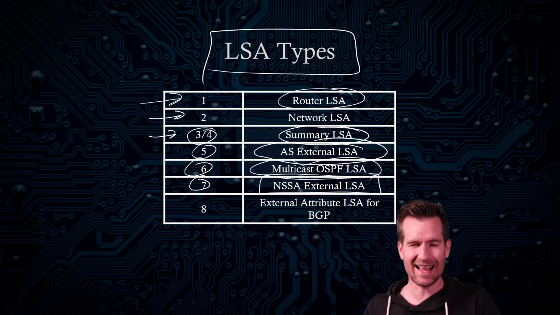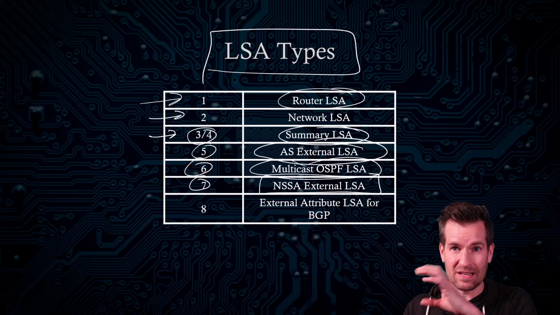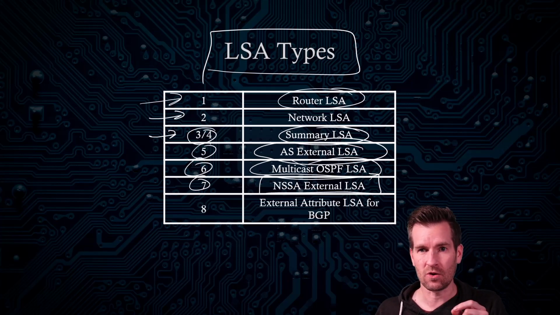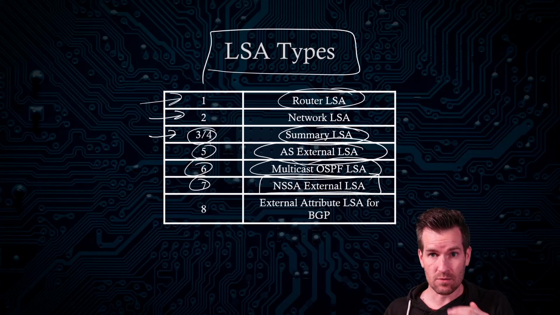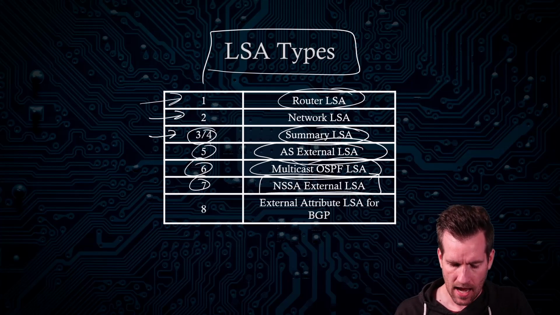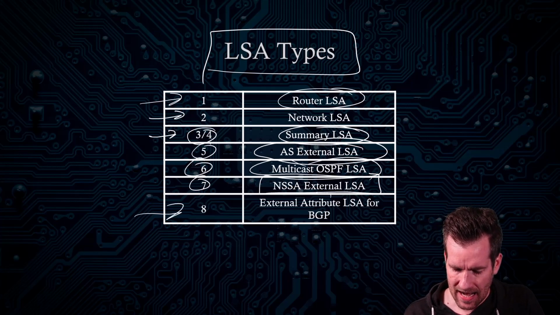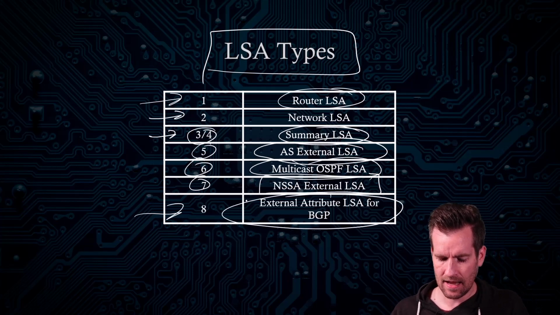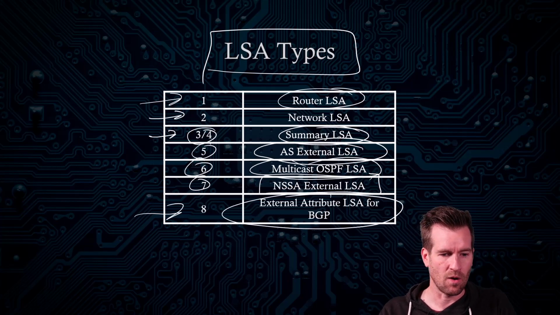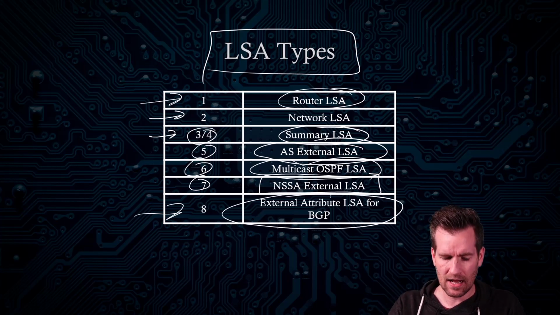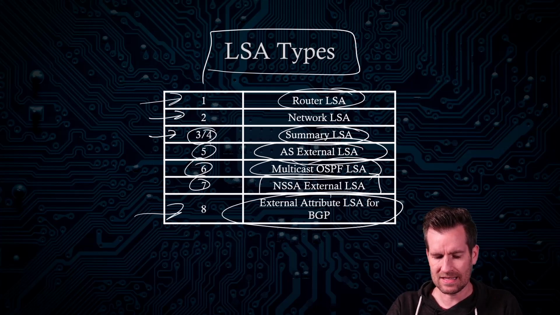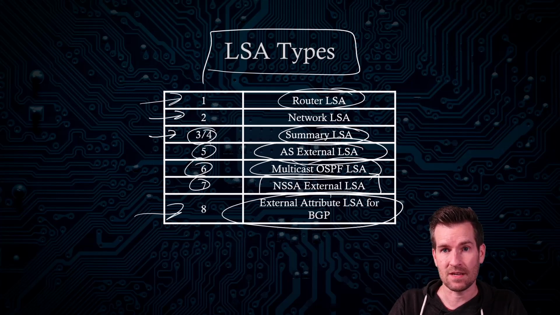It's interesting how OSPF defines all these different scenarios, so it can treat each one of those areas a little differently. And then we have an 8, which is an external attribute LSA for BGP. There are actually a few others that I've seen out there, but for the most part, this is the high level of what the different LSA types are.